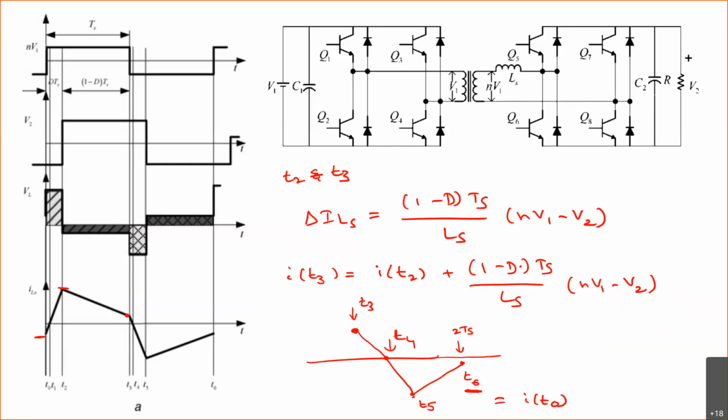In other words, I of T0 is equal to minus I of T3. So both T0 values are negative, right?